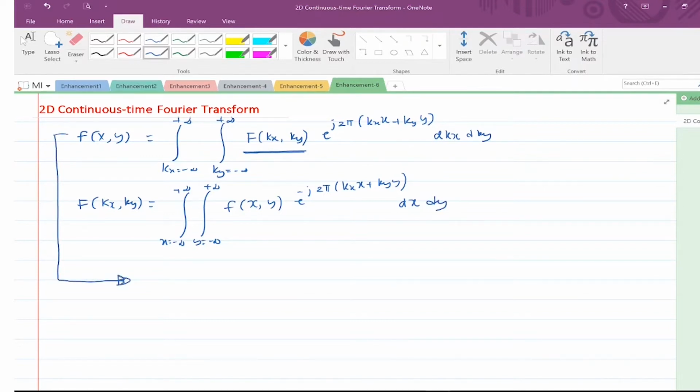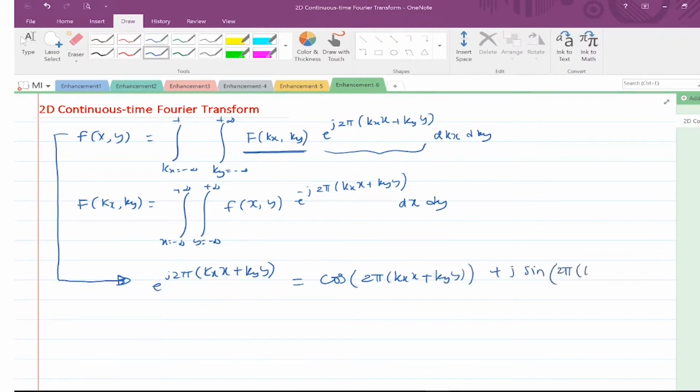You notice that this e power j times 2 pi times (kx into x plus ky into y), if you expand that, you are in fact writing it as cosine of 2 pi times (kx times x plus ky times y) plus j times the same function sine of 2 pi times (kx times x plus ky times y).